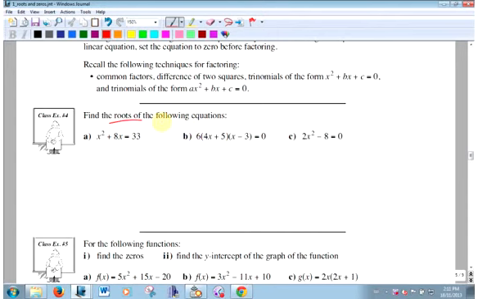Find the roots. That's an equation. It has an equal sign, but we want it to look like that. This thing doesn't say equal 0, so how can we make it say equal 0? Yeah. x squared plus 8x minus 33 equals 0. Do we think we can factor this thing?